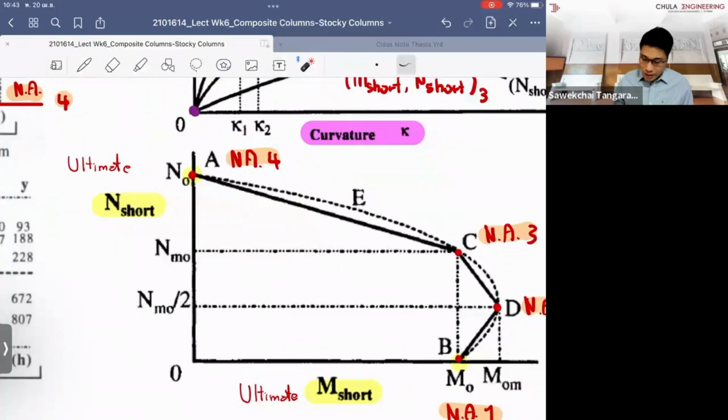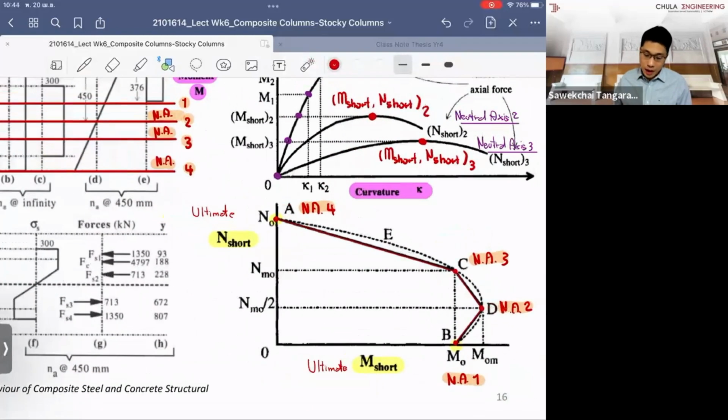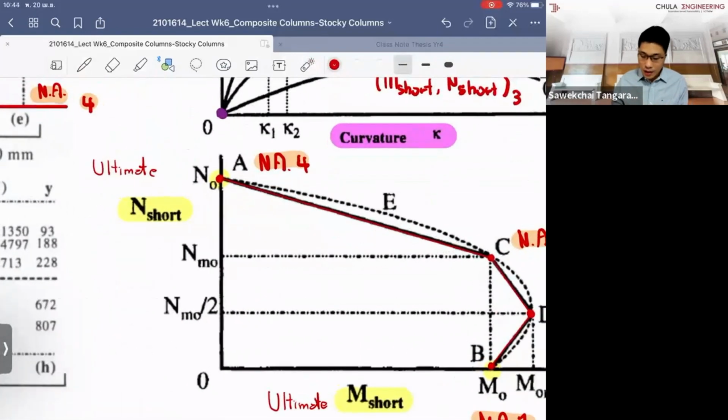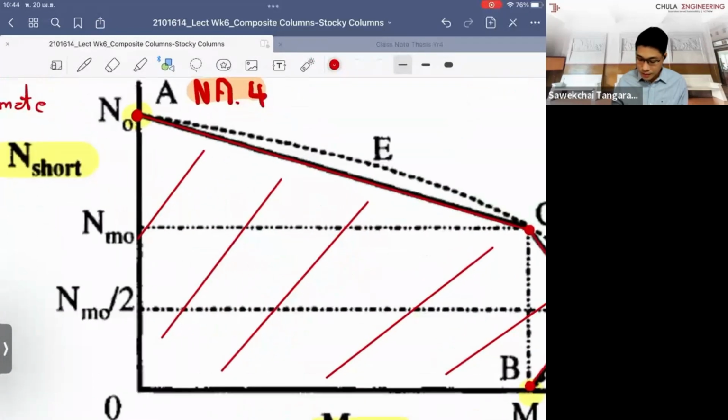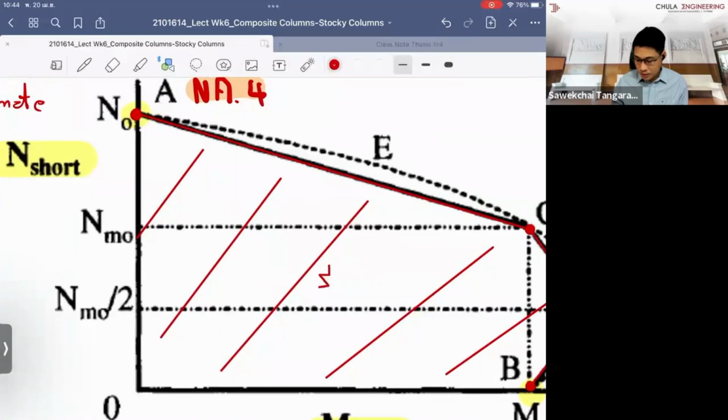What we do is, the code says it is good enough if you just connect the curve from point to point. This is what we are familiar with. When we check whether the section we are looking at is safe enough or not, anything that sits inside the diagram we call a safe design. It is certified, it is good.